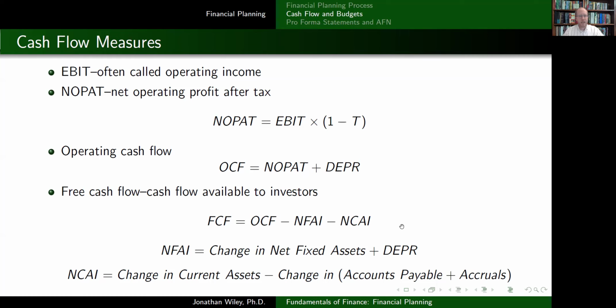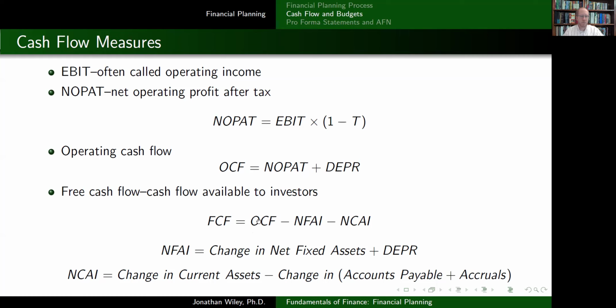And so basically what's happening here is I have a certain amount of operating cash flow, but some of that operating cash flow I may have then plowed back into the business in the form of purchasing more fixed assets or purchasing more current assets. So if I had an increase in net fixed assets, basically that took some of my operating cash flow.